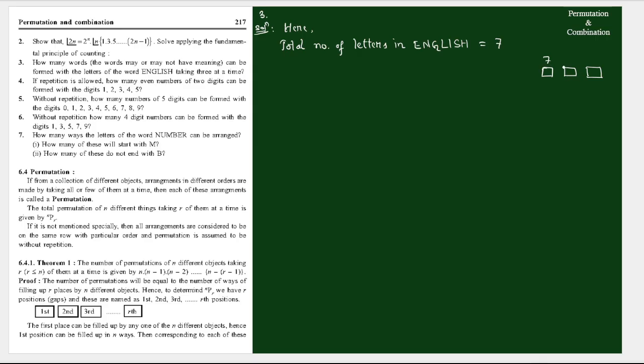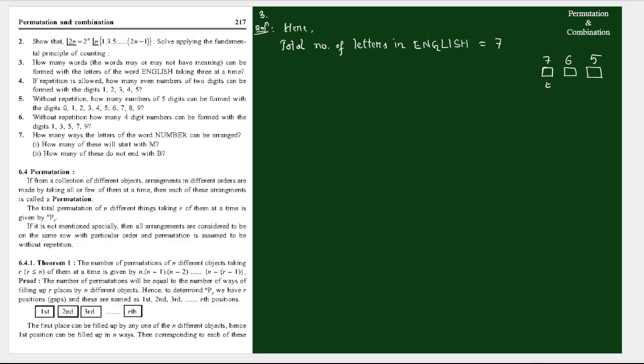Now how many letters remain? For the second place, how many remain? 6 letters are there, so you can fill this place in 6 ways, right? And this one, how many? The remaining is 5 ways. So total number of words that can be formed is the multiplication of these 3: 6 into 5 is 30, 30 into 7, 210. Understood?